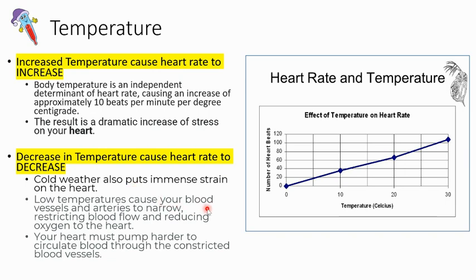Low temperature causes your blood vessels and your arteries to narrow, because remember, you're trying to conserve body heat, so your blood vessels are going to narrow, restricting blood flow and reducing oxygen. Your heart must pump harder to circulate the blood through those constricted blood vessels. So too cold or too hot, neither one of them is great. You want that nice homeostasis temperature.